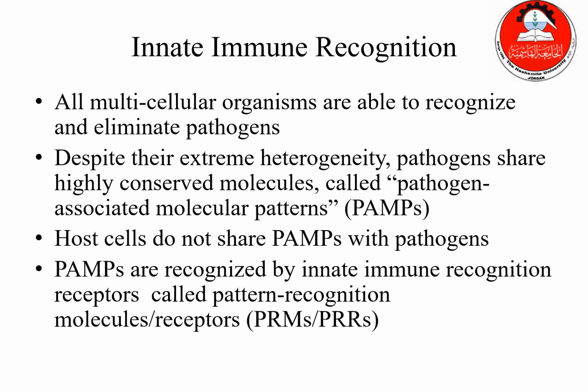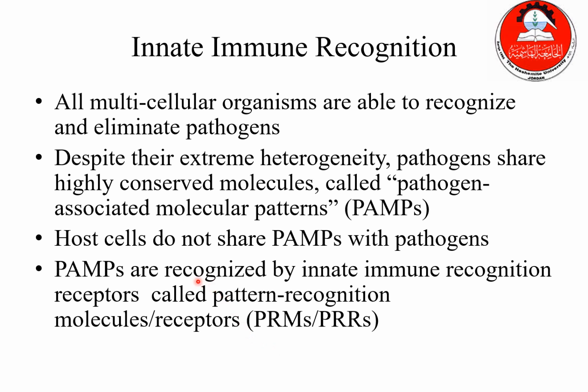So once they enter, they are going to be recognized as foreign. Host cells do not share PAMPs with pathogens. These sequences are specific to bacteria, viruses, or foreign antigens. These sequences are not present in our bodies, so once the immune system and cells recognize them, they're going to recognize that this is foreign. PAMPs are recognized by innate immune recognition receptors called pattern recognition molecules or receptors.